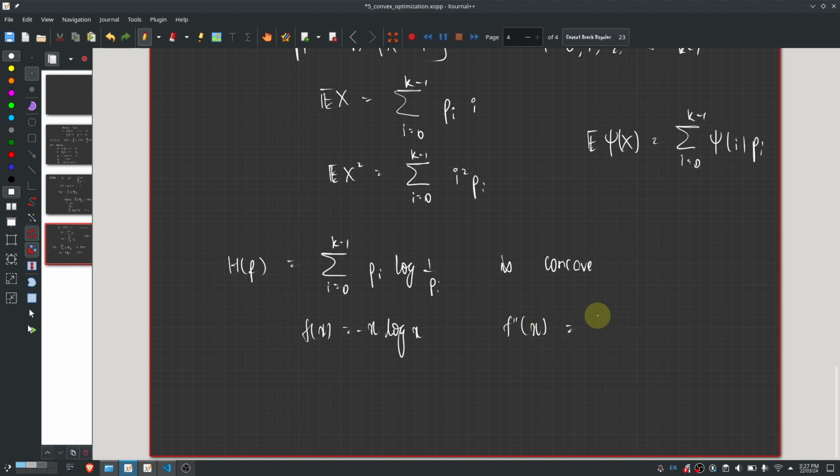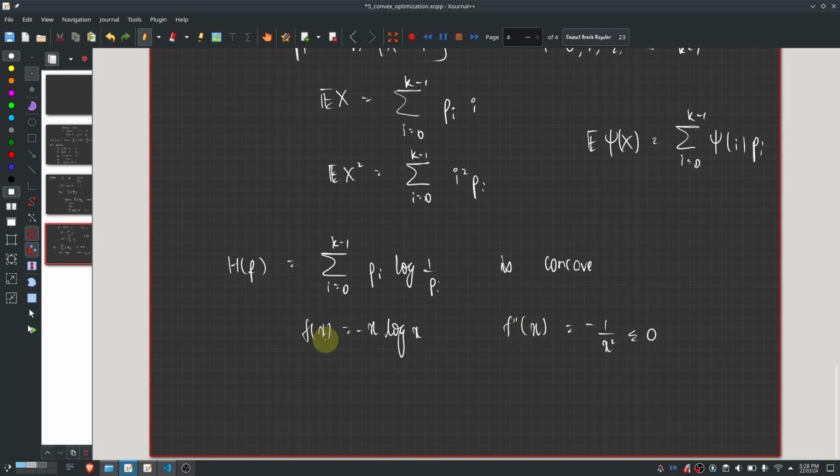I'm sorry, this is going to be minus 1 by x square, which is always less than or equal to 0. So this is concave. Fine. So now I have this.